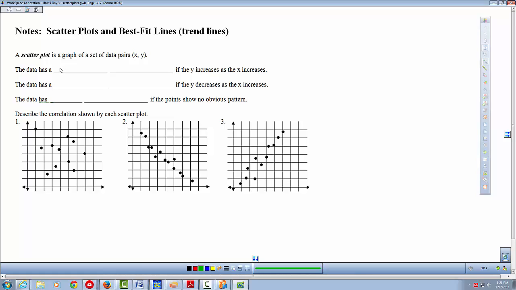The data has a positive correlation if the y increases as the x increases.